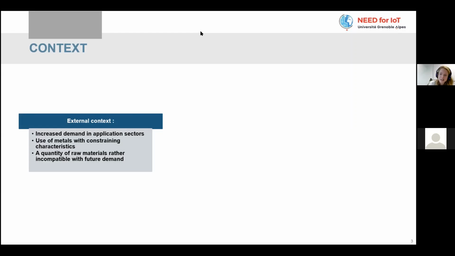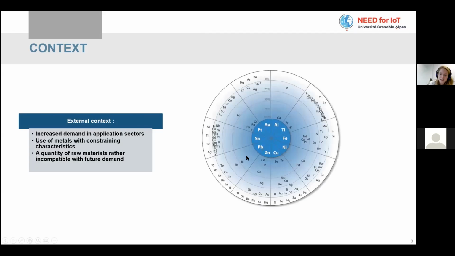Okay. So we have two types of context. The first context is the external one, the one that no one can affect. We have the increased demand in the application sectors. We have the use of metals with constraint characteristics, the byproduct characteristic: we don't have a mine for every metal that we use.